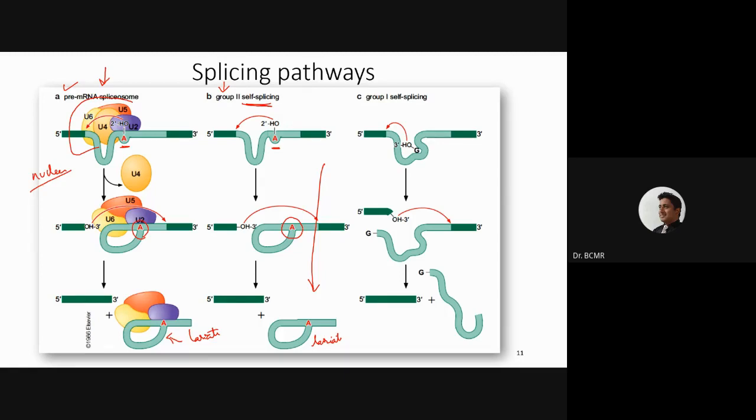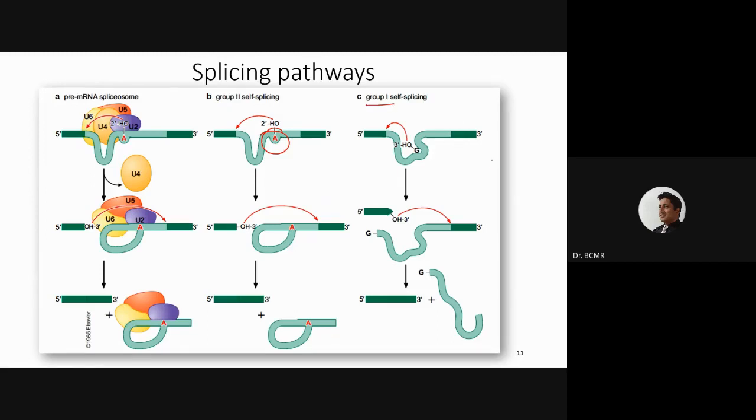Group 1 is a little bit different. Group 1 is different in the sense that it doesn't have this branch site. You have a branch site in pre-mRNA spliceosome and group 2 self-splicing introns, but not in group 1.